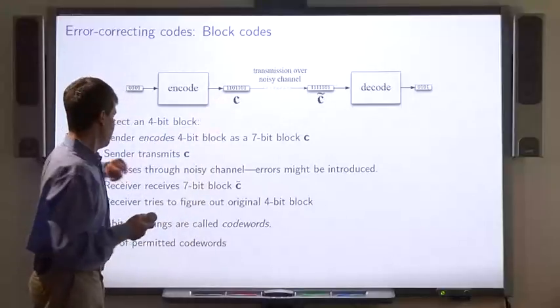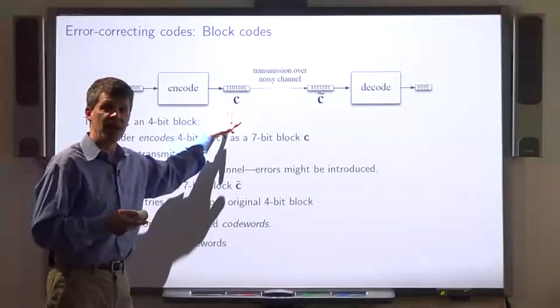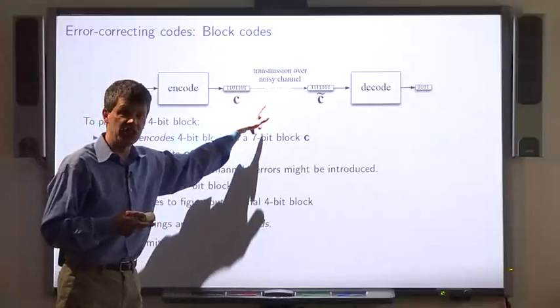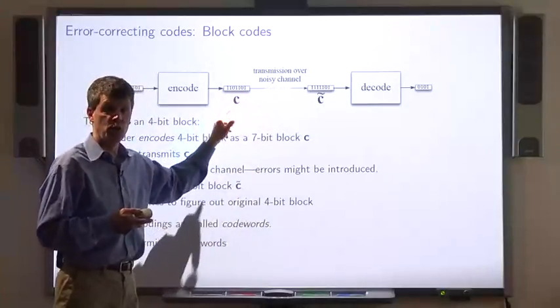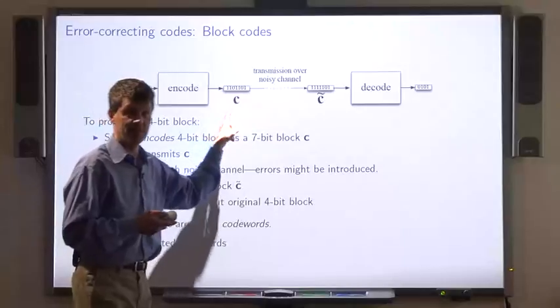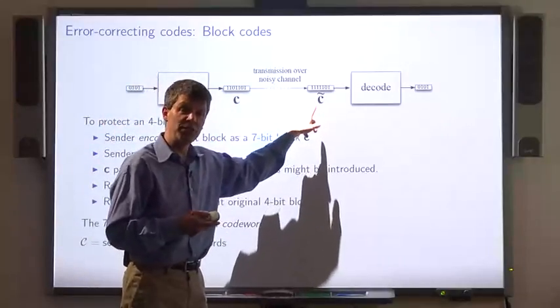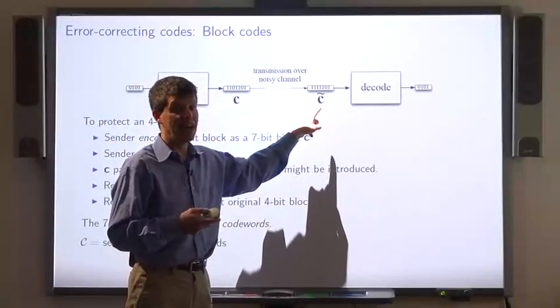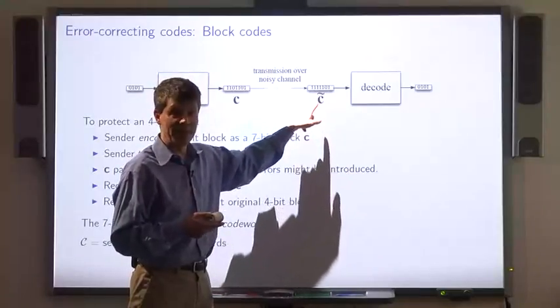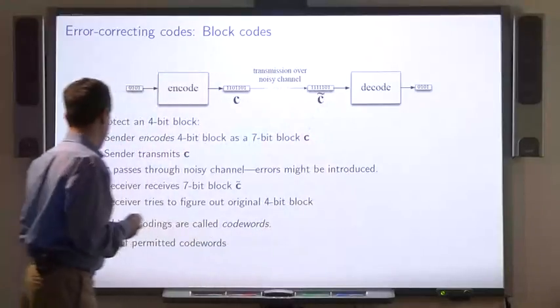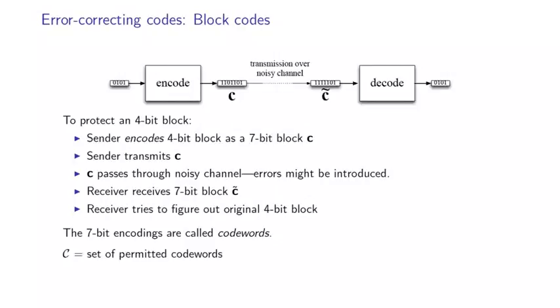In a linear code, the block that's actually injected into the noisy channel is called a code word, and we'll denote it by C. The block that's received at the other end might not be a code word. We denote that by C tilde. We let big C denote the set of code words allowed.